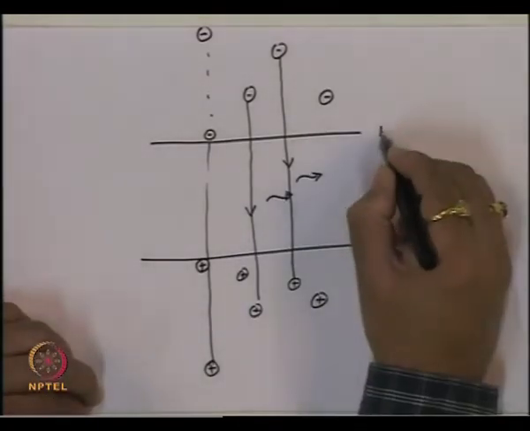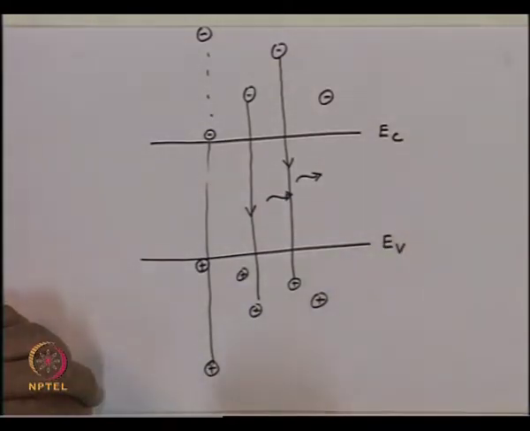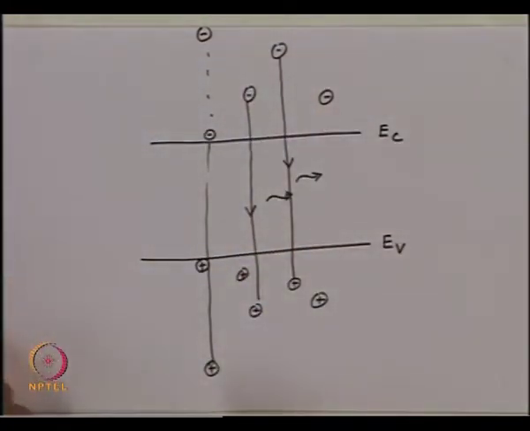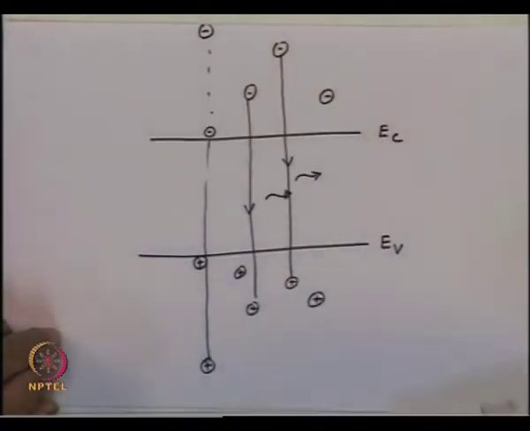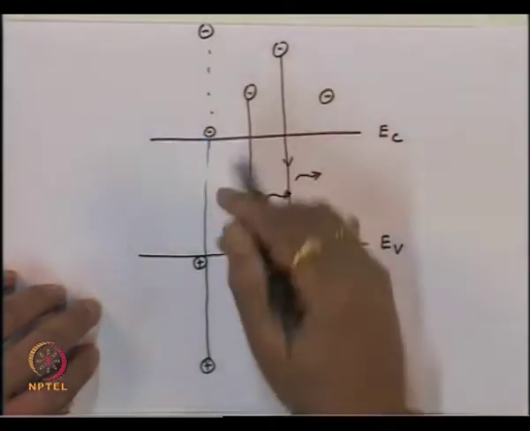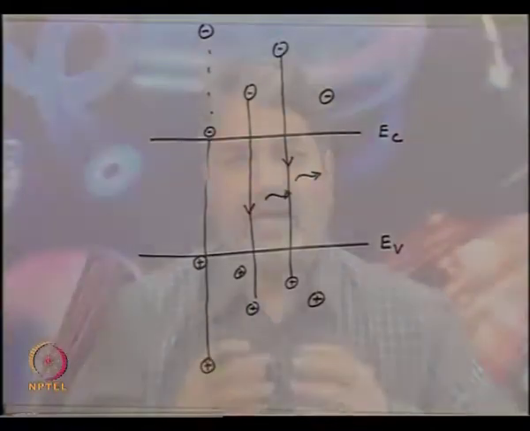If I integrate, this is the energy EC, this is the energy EV, and the energies in the conduction band are given by E2. If I integrate this quantity for all values of E2 going from EC to EV plus the photon energy in which we are interested, then we will get the total number of photons emitted for a given frequency or energy.